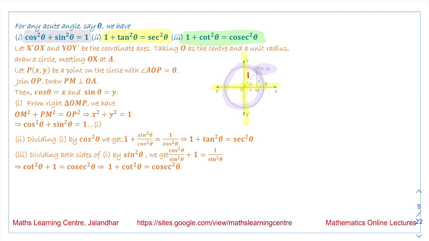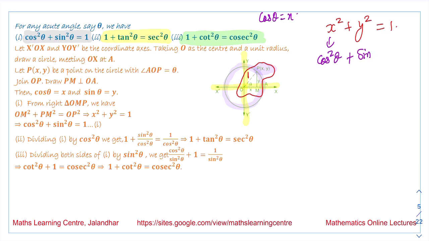Now if we look at this particular triangle over here, we will have x square plus y square equal to 1, and we know that x square is equal to cos square theta, by the definition of the function we have defined, that is cos theta is equal to x, and y square is equal to sin square theta, and we obtain that this is equal to 1.